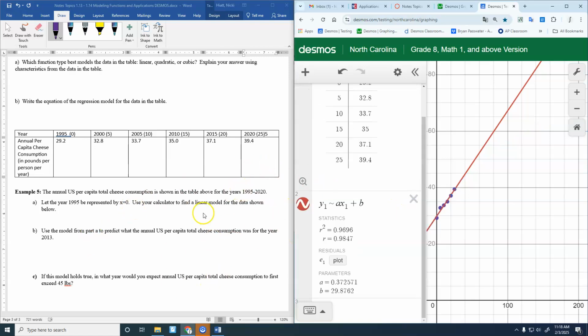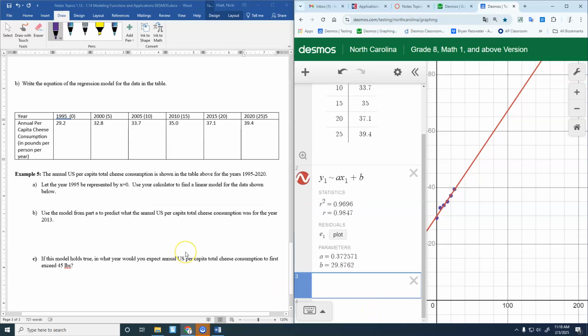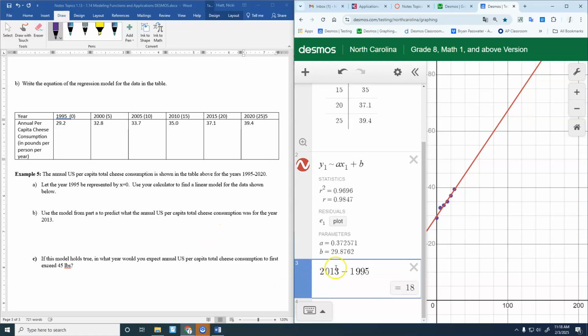Okay. You would write down your equation here. And then when it wants to know for the year 2013, what do I need to plug into this? I'm not going to do 2013. I'll do 2013 minus 1995, which is going to give us 18.